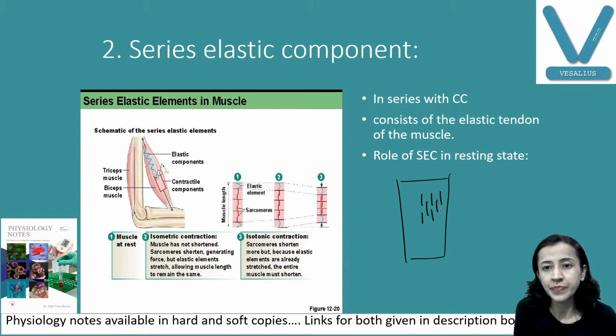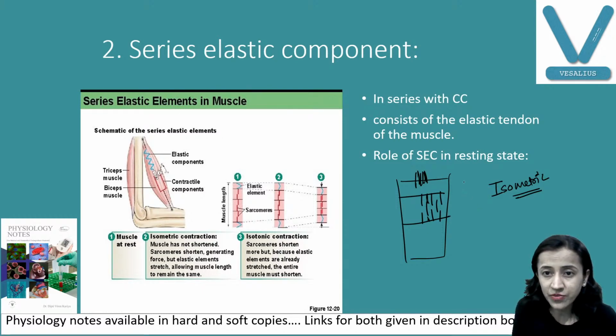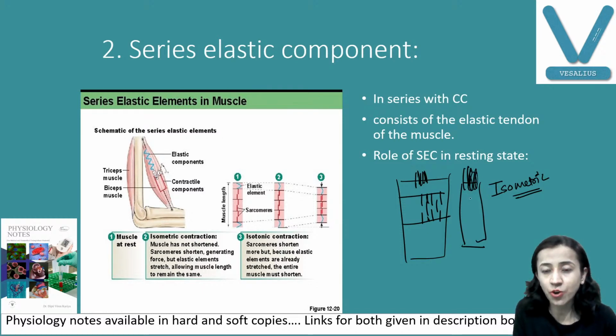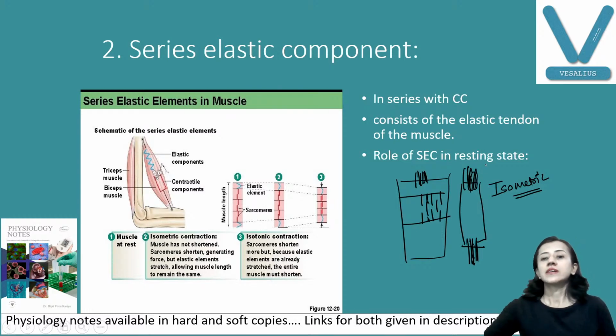Whenever the muscle contracts, definitely your actin and myosin filaments will contract. But when the contraction is isometric, the length remains the same. How is it possible that this contracts, its size decreases, but the length remains the same? Because of stretching of this component. Suppose the length of this muscle decreases only this much, then that results in stretching of this series elastic component. Because of this, the length of the muscle remains the same. Am I clear to all?